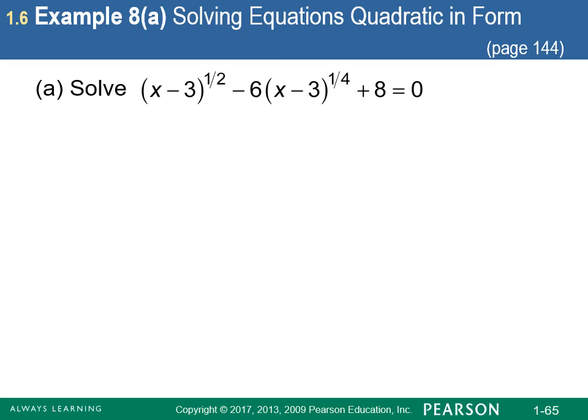The last technique I'm going to show you on the next couple of problems is called a substitution. What we're going to do is replace the x minus 3 to the 1/2 power and the x minus 3 to the 1/4 power.